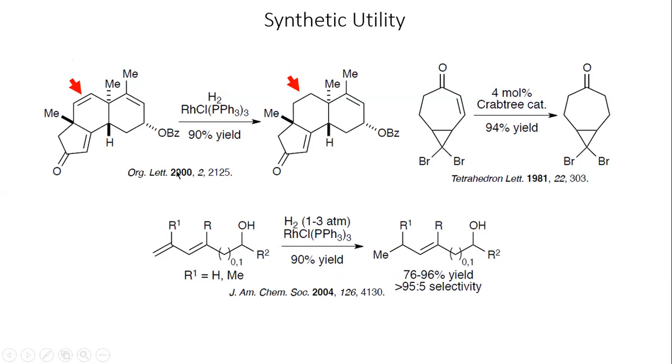This was published in 2000 in Organic Letters. But it didn't touch the other alkenes, right? Same here, you can see with Crabtree's catalyst, this is a pretty bulky 7-member bicyclic system. And with 4% Crabtree's catalyst, you can hydrogenate this bond in up to 94% yield.